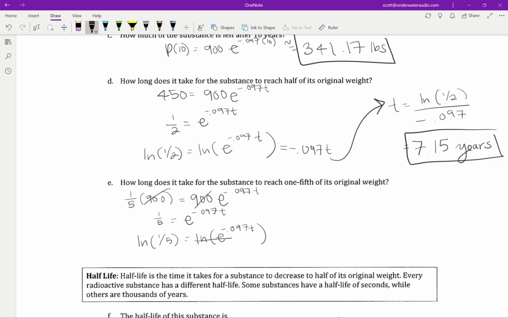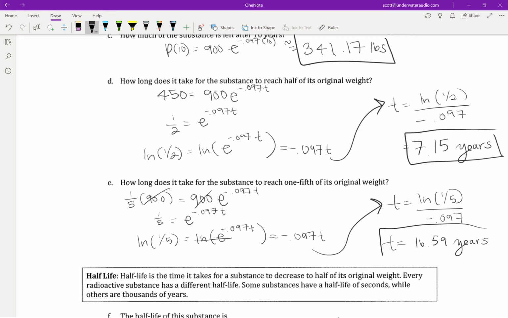And this will simplify to just the exponent. And then I would get t by itself by dividing. Natural log of 1/5 divided by negative 0.097. I get t is equal to 16.59. And this also fits. Goes with my trend.